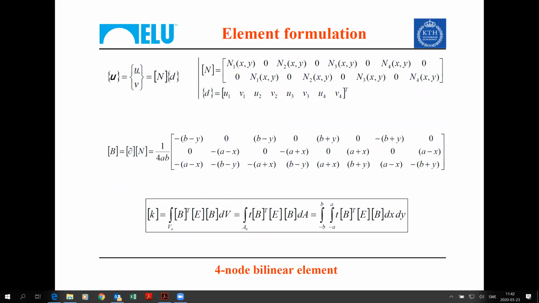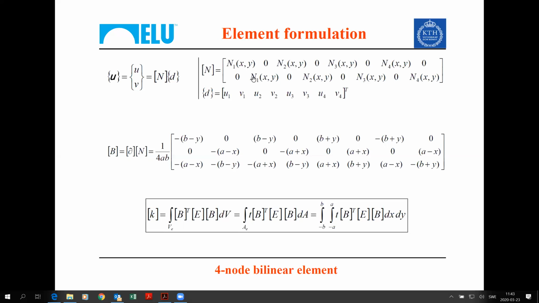U is the vector containing u and v, which is nothing else than the matrix of shape functions times displacement at the nodes. And here in the matrix of shape functions, we arrange our 4 shape functions: N1, 0, N2, 0, N3, 0, N4, and 0, because these will have to multiply u1, u2, u3, u4.